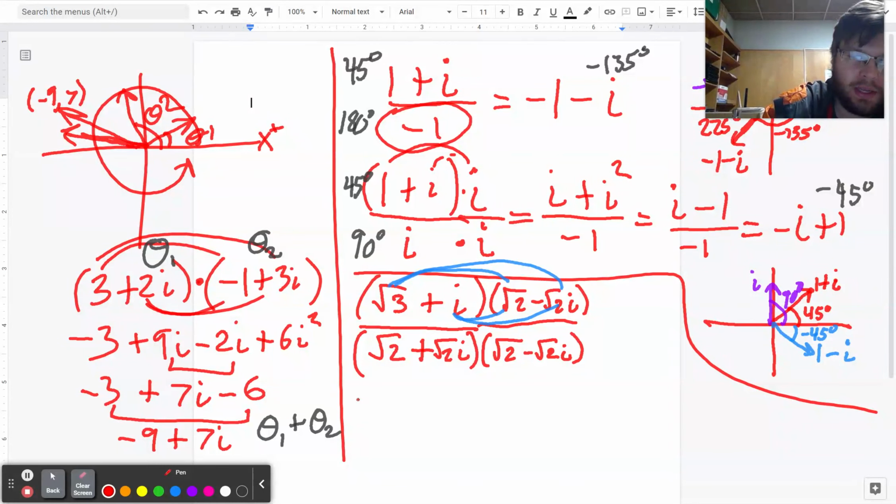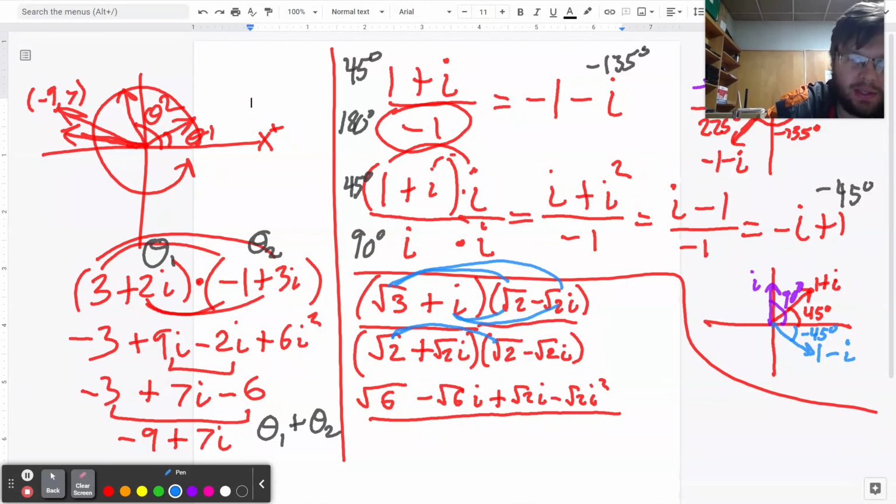So the top becomes square root of 6 minus square root of 6i plus square root of 2i minus square root of 2i squared. The bottom is where the magic really happens. It's this times this, this times this, this times this, this times this.